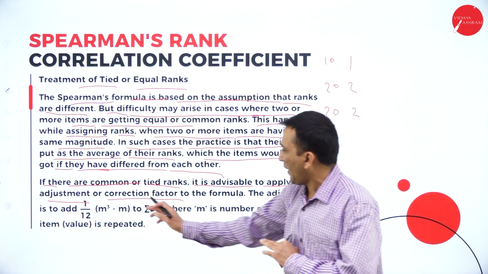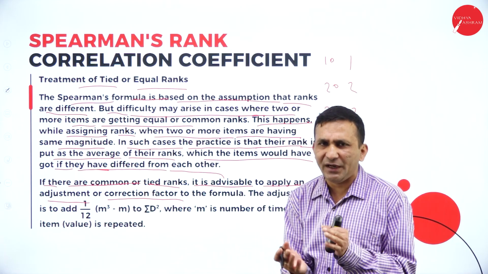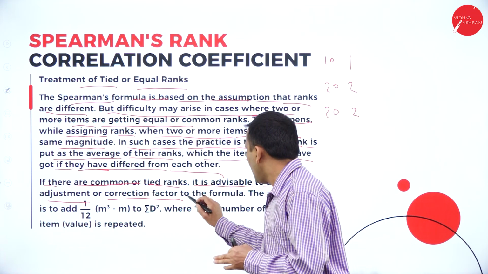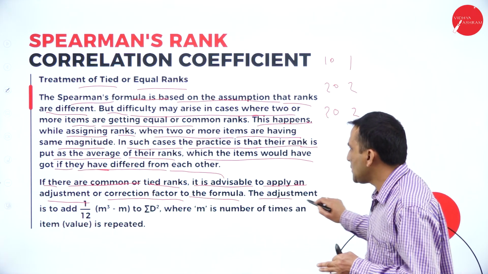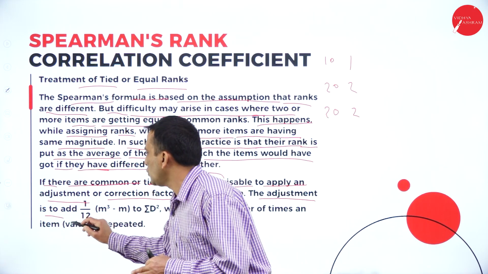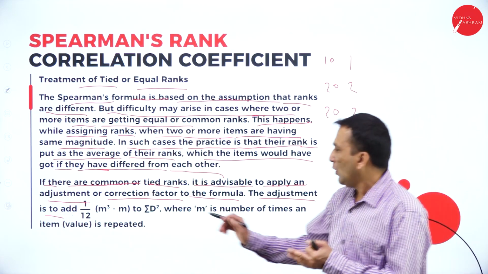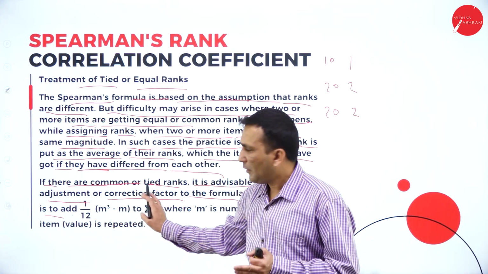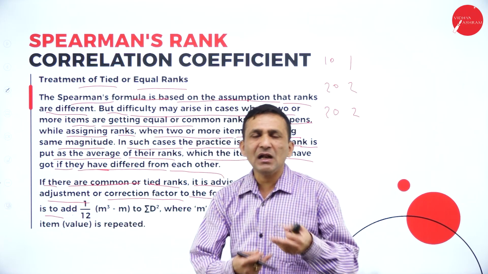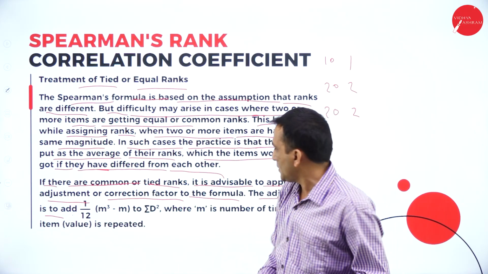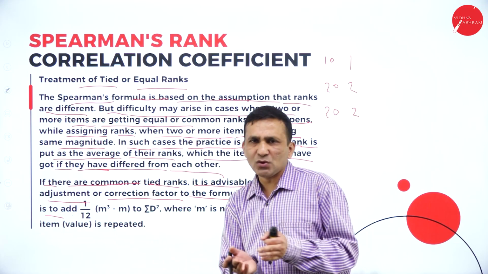The correction factor gives a different equation for the formula. The adjustment is to add 1 by 12 into m to the power of 3 minus m, where m is the number of repetitions, to sigma d square.